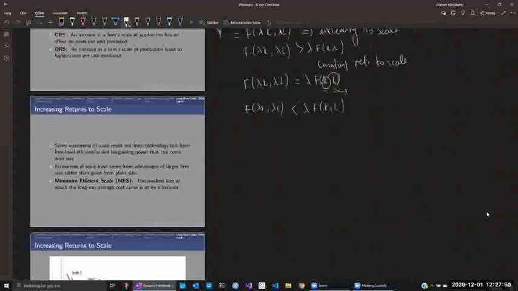So what is increasing returns to scale and why may it occur, right? One thing that could happen is that when I operate on a larger scale, so when you compare a supermarket chain versus your local grocery shop in your neighborhood, for example, we might think they operate on different scales, right?